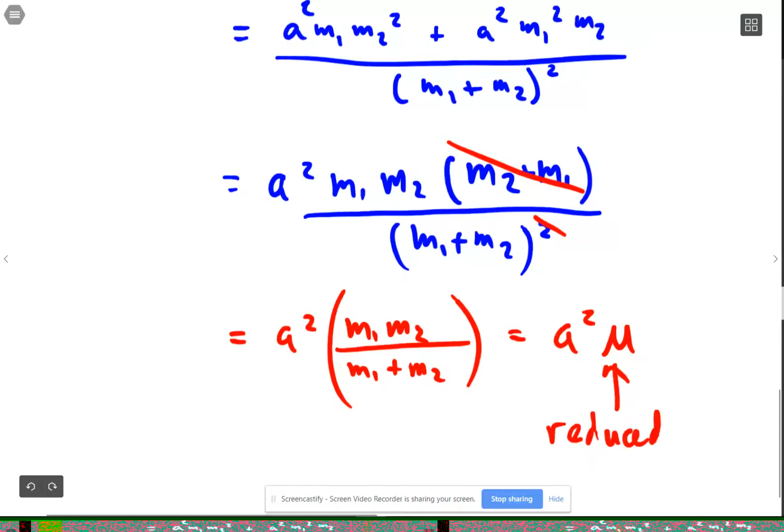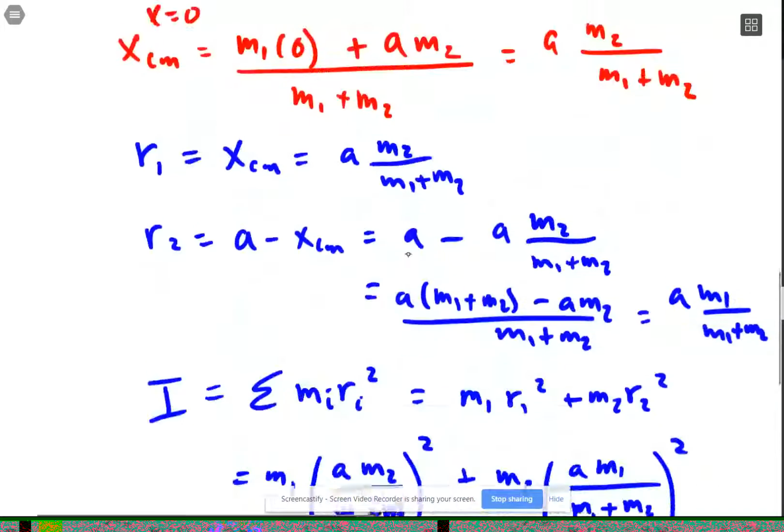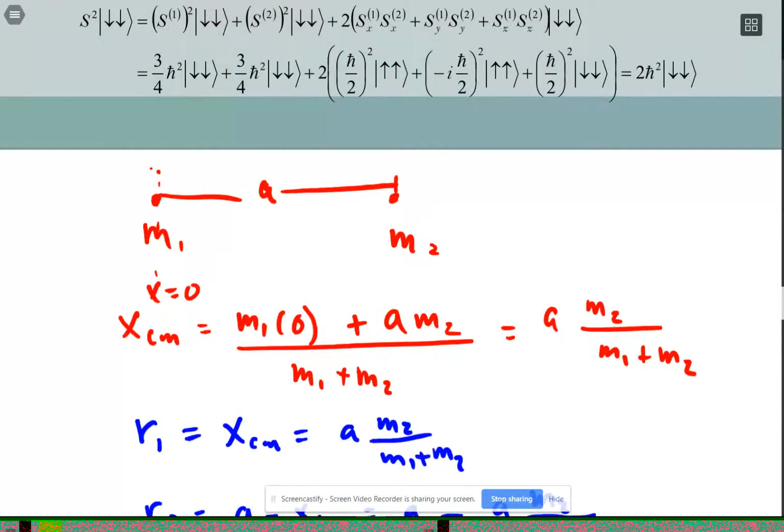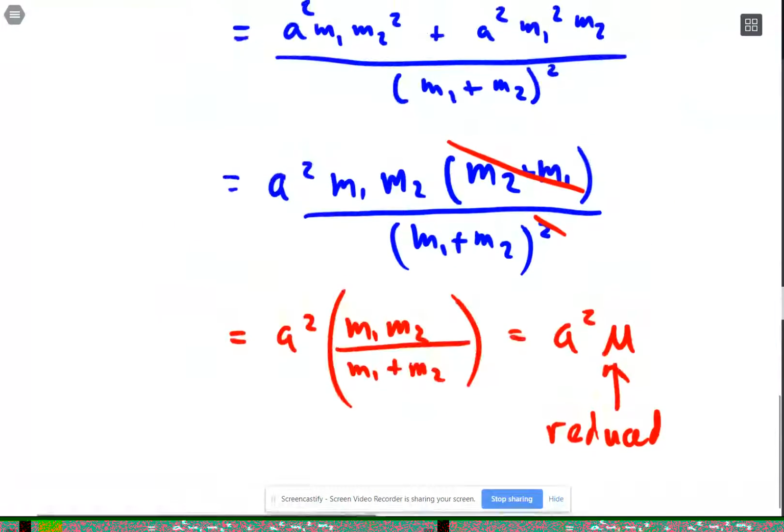Now, all of this to say, what do I have? When I have two items orbiting about their center of mass, I can take the separation between the two, a, and this reduced mass, mu, and treat it as one object orbiting.